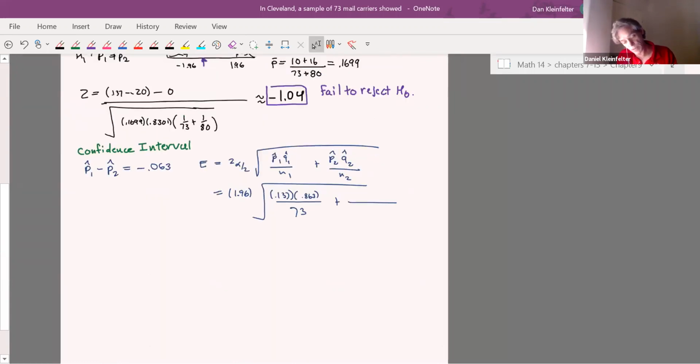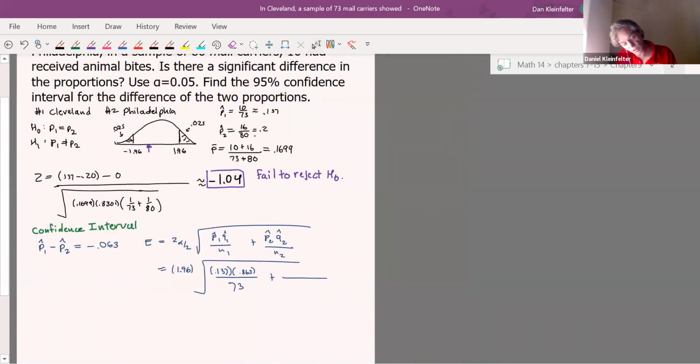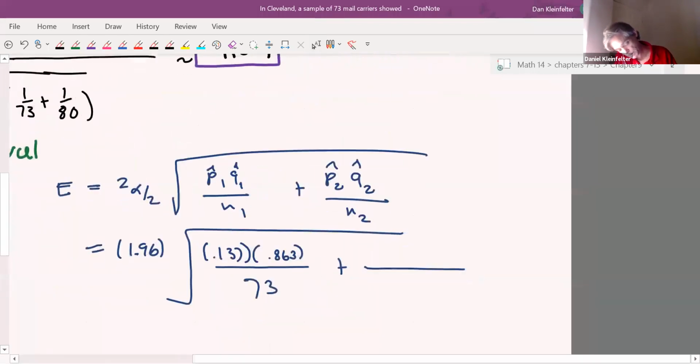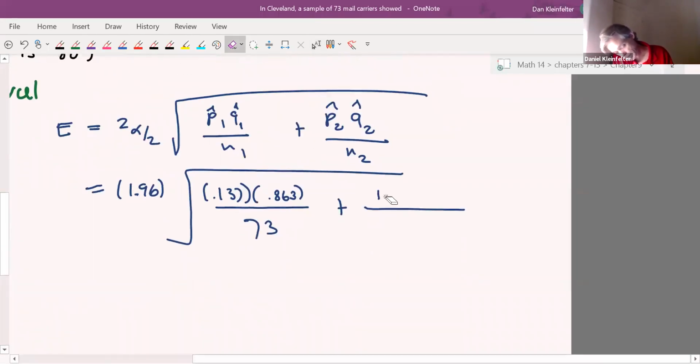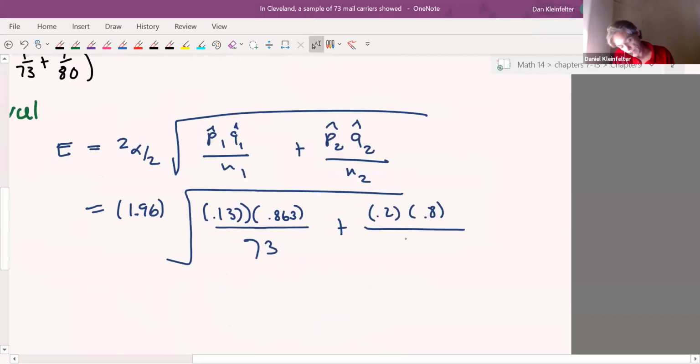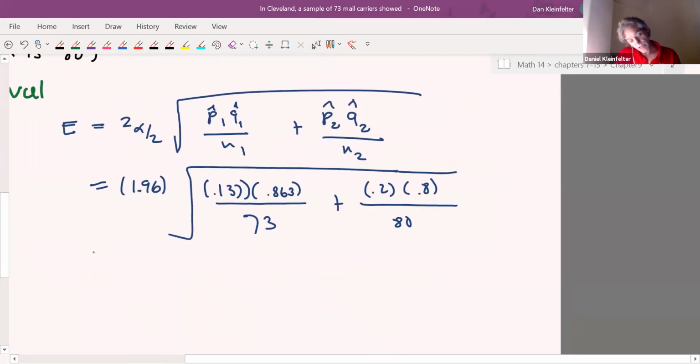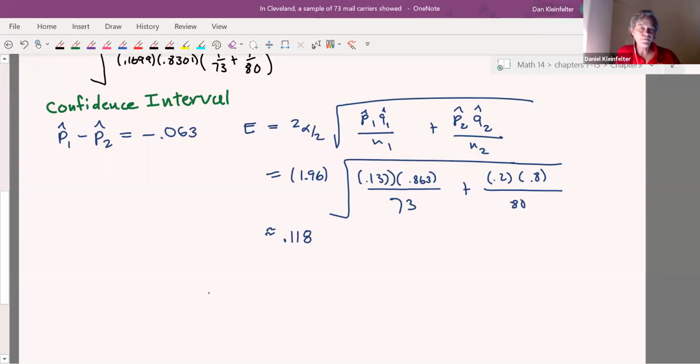Our second P2 hat was 0.2, and so our Q2 hat is 0.8, and then our other sample size is 80, right? Yeah, it was 80. Okay, so then let's go ahead and calculate what our margin of error is. All right, so our margin of error ends up being 0.118.